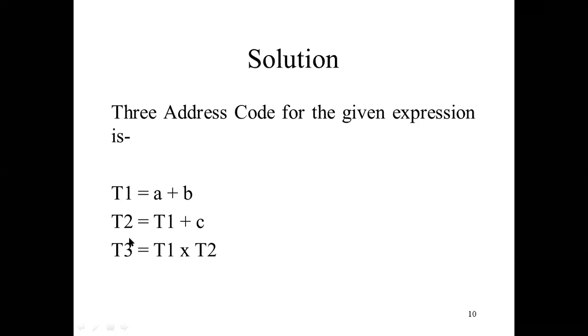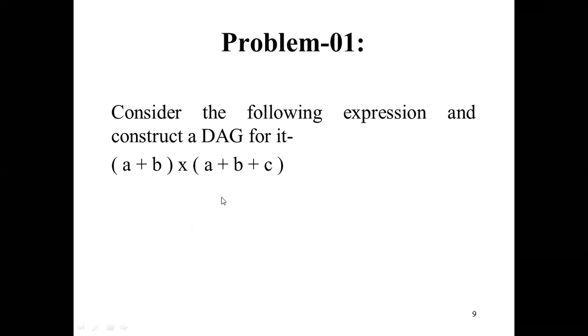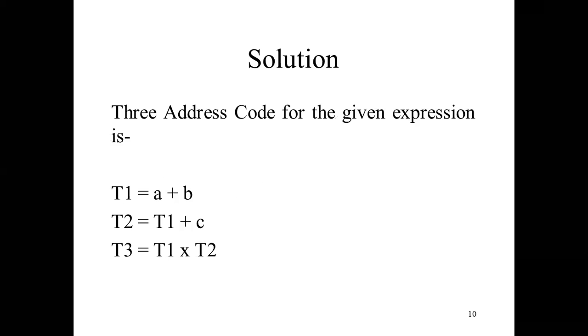So t1 plus c is equal to t2. Then you can write t2 into a plus b, which is t1, and assign this value to another temporary variable t3. So t3 is equal to t1 into t2. So it is easy.